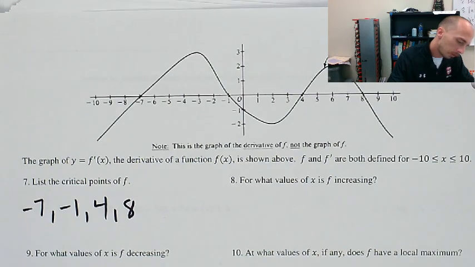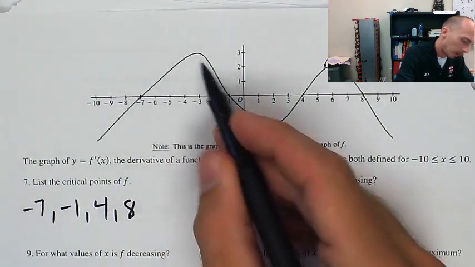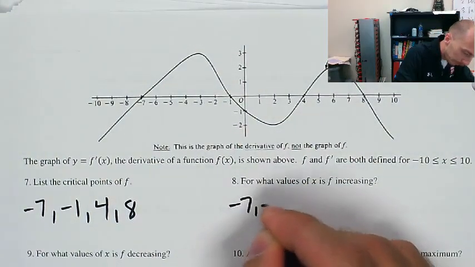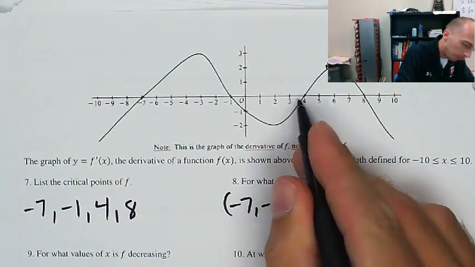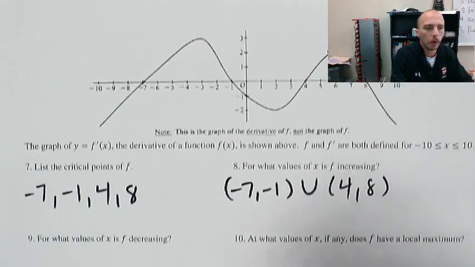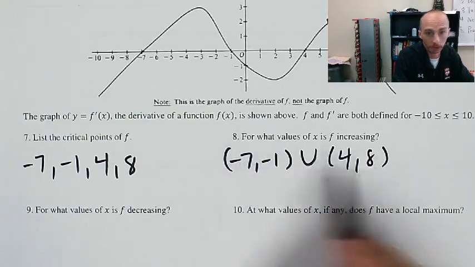So I'm thinking f prime is positive in here, negative 7 to negative 1, but also 4 to 8. Where f is decreasing is just everywhere else besides this.